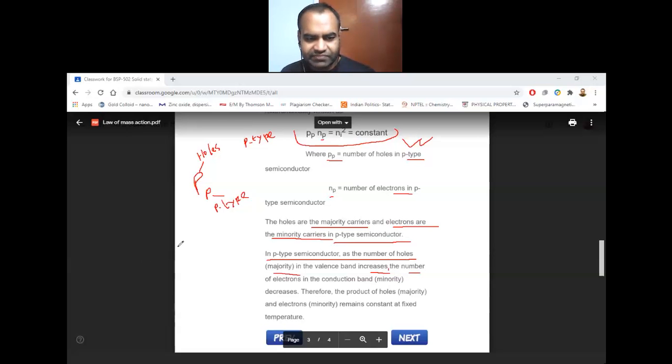If I draw the band diagram for a p-type semiconductor, there will be more holes in the valence band and a fewer number of electrons in the conduction band.